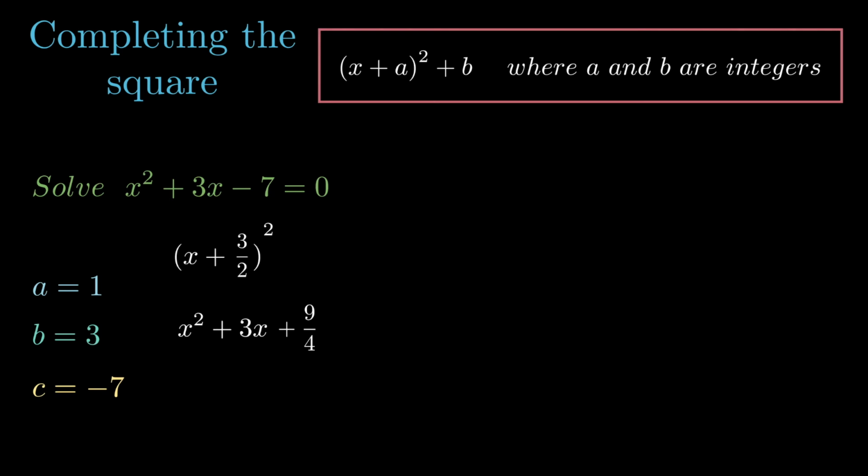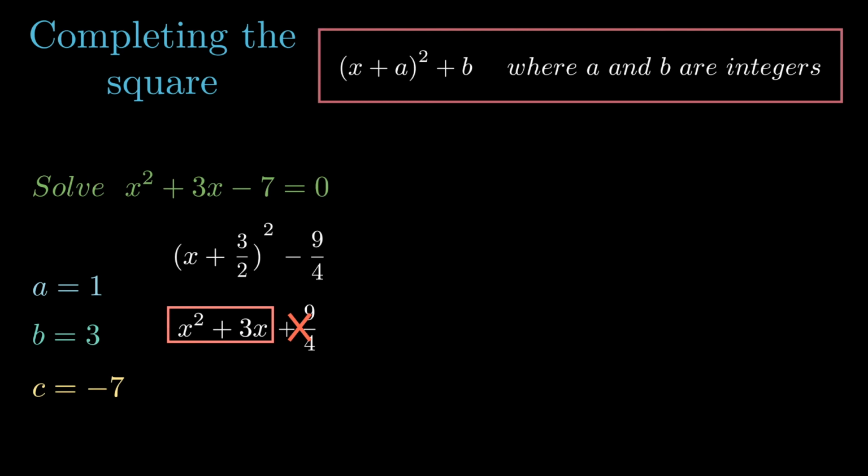Now we must subtract the 9 over 4 as we don't want that, but we want the x squared plus 3x. So we can cross out the 9 over 4 and we'll write (x plus 3 over 2) squared minus 9 over 4.